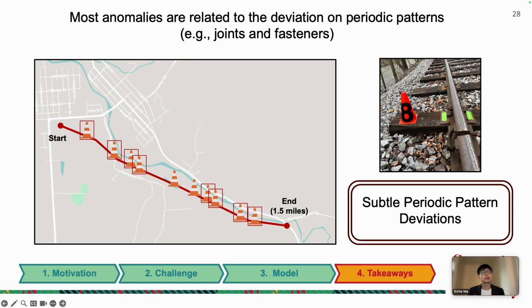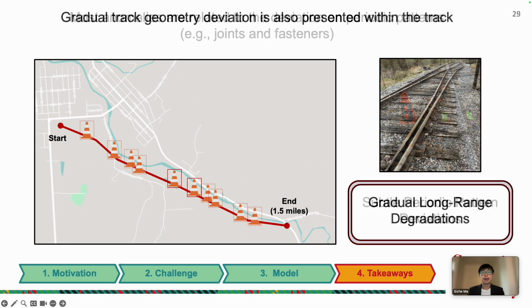This helps us directly evaluate our approach's performance against the first challenge. The testbed also includes instances of gradual track geometry deviation, which represent our second challenge.